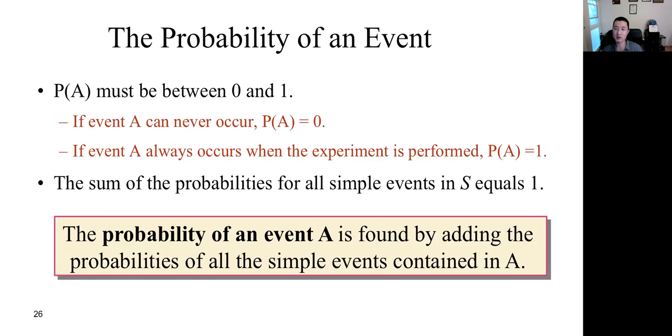So all the simple events added together equal 1 or 100%. And the probability of event A is found by adding the probabilities of all the simple events contained in A. So let me give you an example. Toss a die. What is the probability we get an odd number?